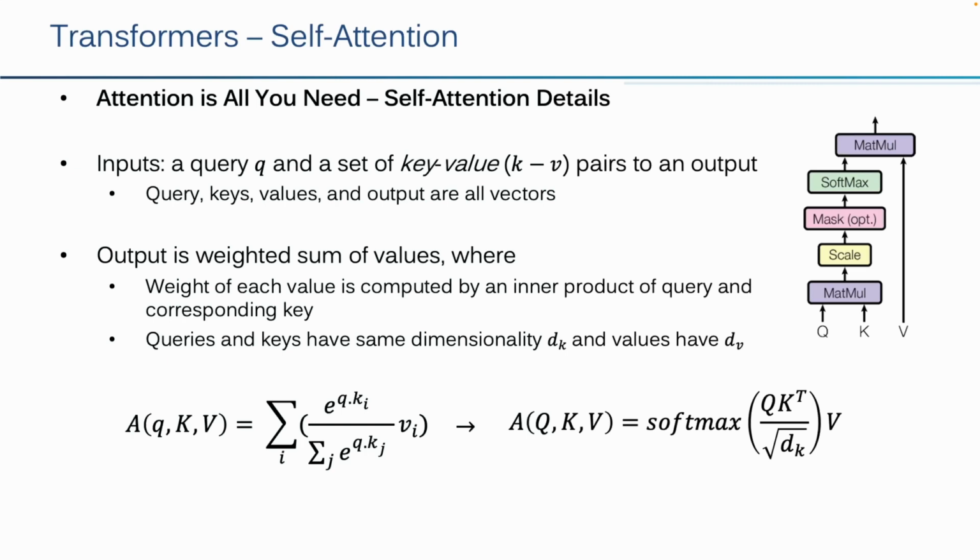So the query is we ask, does this word relate to another word? The key is identifying the word, okay? So let's say I have the sequence, I like cake. I have the query of I, this is an embedding, and I have the keys for each of the other words. So I use the query of I and say, how much does it relate to the keys of the others?